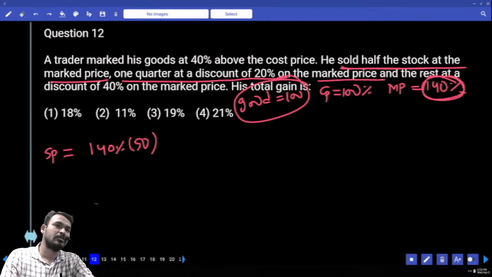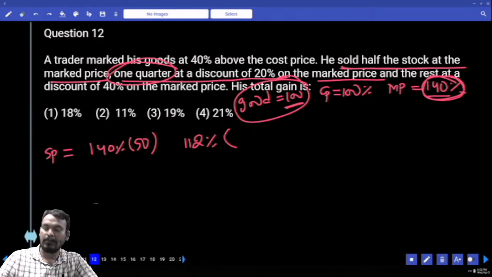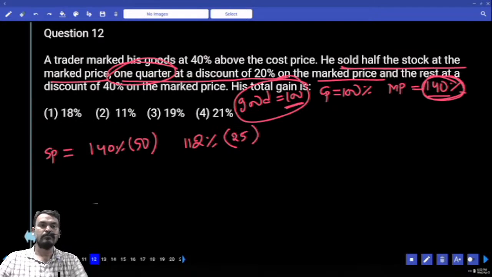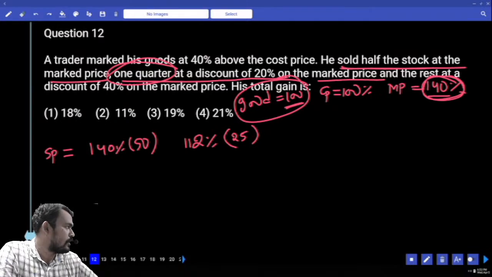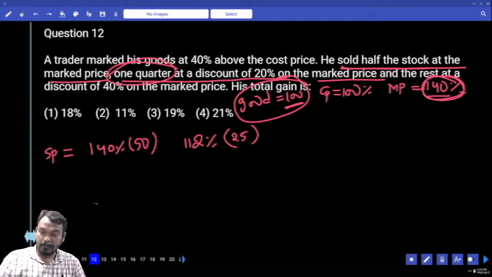In that, a 20% discount means 80% of 140%, which is 112%. 112% of one quarter. What is the total value? 100. One quarter means 25. Out of 140, a 20% discount means 28 is subtracted. 140 minus 28, 112%. 112% of how much? 25.